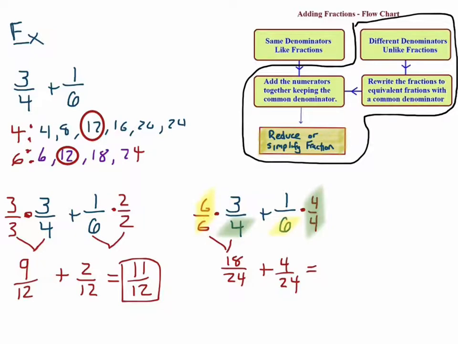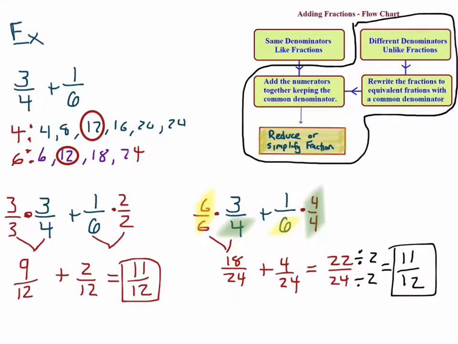So if I add this, I'll get 22 over 24. But you can't stop there because these are both even numbers, and I could divide both of these by 2. Alright, so this would equal 11 twelfths. So I'm going to pause it here. Again. Alright, so there's 2 examples.